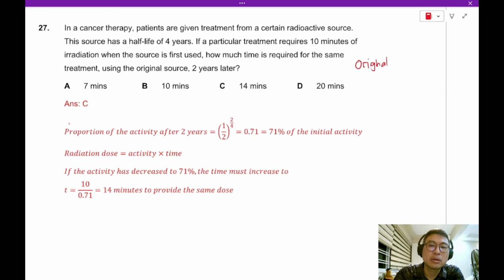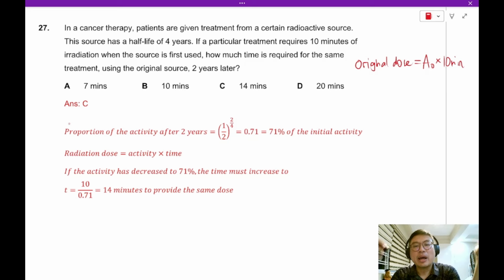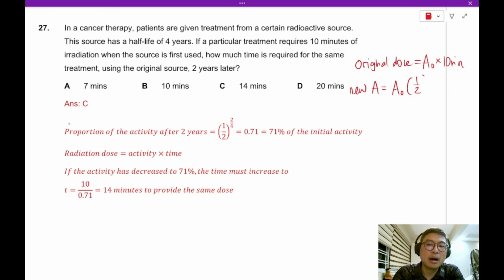So the original dose will be the original activity level multiplied by 10 minutes. Okay, so what happens if the medicine has been left decaying for 2 years? Then the new activity level will be much lower. So the new activity level will be the original activity level multiplied by half to the power of the number of half-lives.